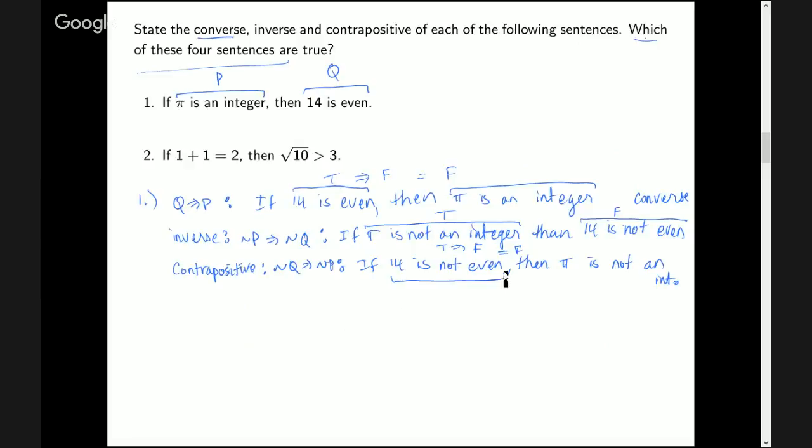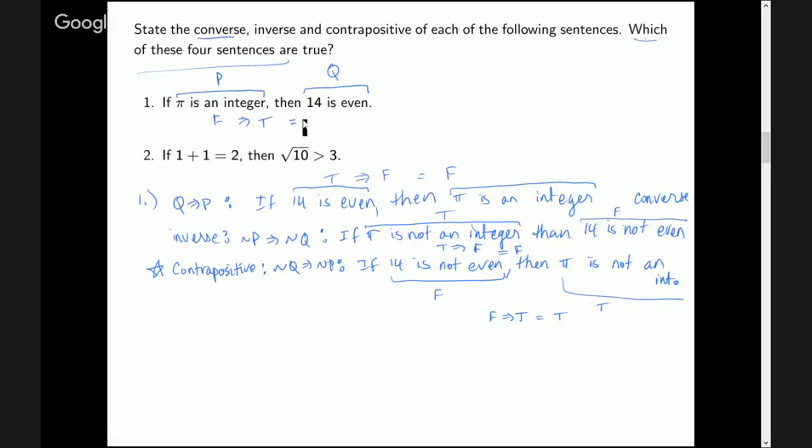And then the last one. 14 is not even, true or false? False. Pi is not an integer, true. So false implies true is true. So which one is true? The contrapositive is true. And let's look at the original. Pi as an integer is false. 14 is even.